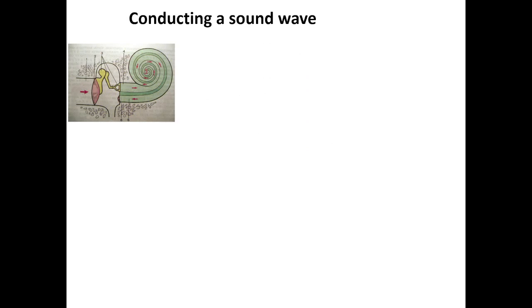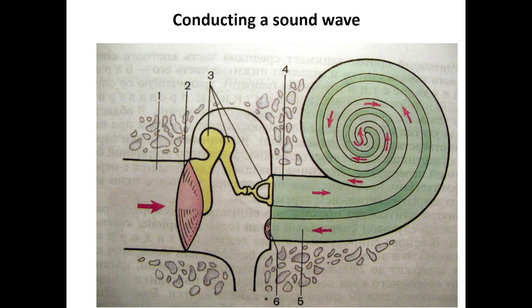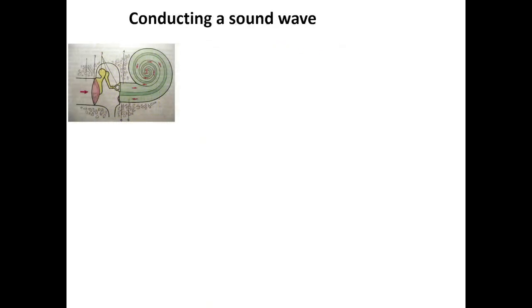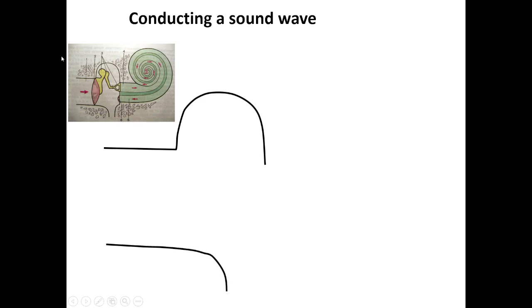So again, this picture is from the textbook of Sapin, and now let us draw it together. This part, this part, this part. So what is designated by letter A? Porus acusticus externus. Do you agree?